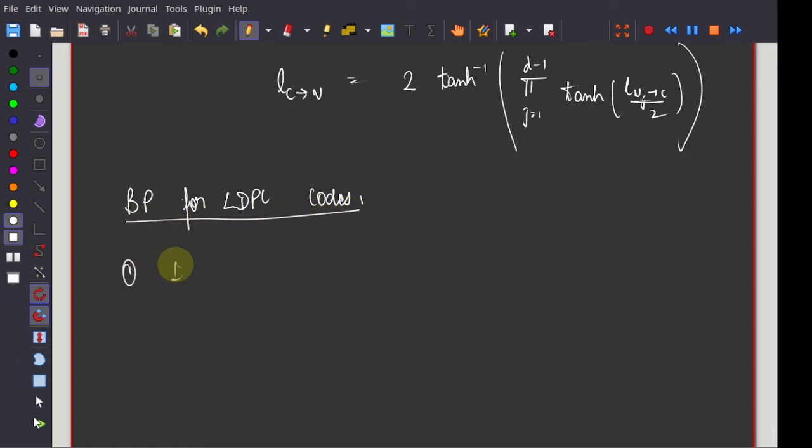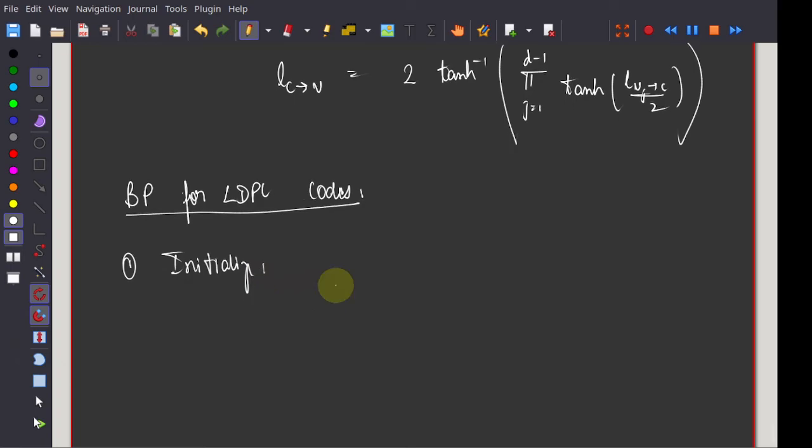So first you initialize. For each variable node, you get some p(y given x).